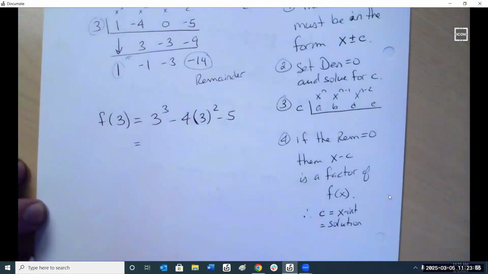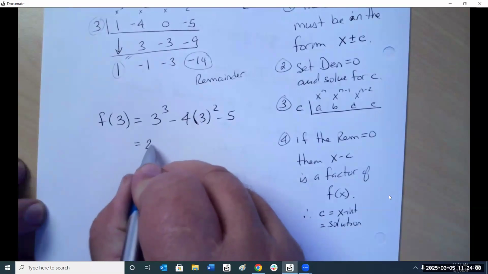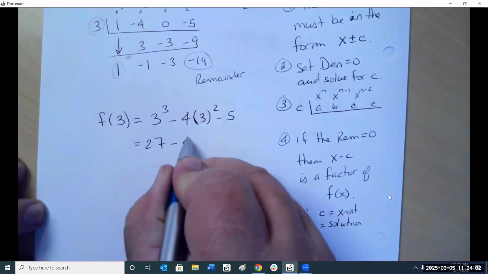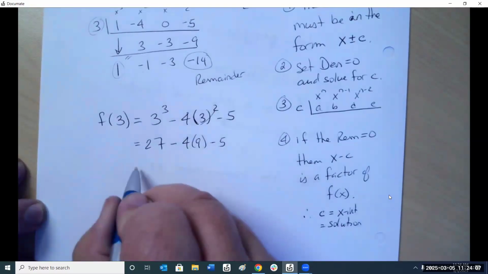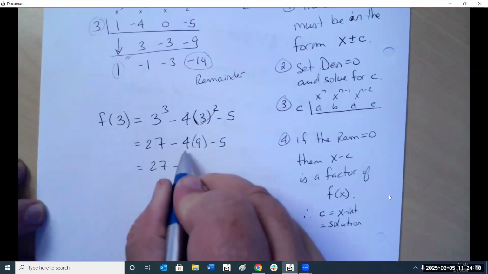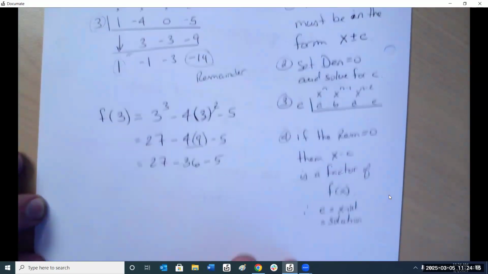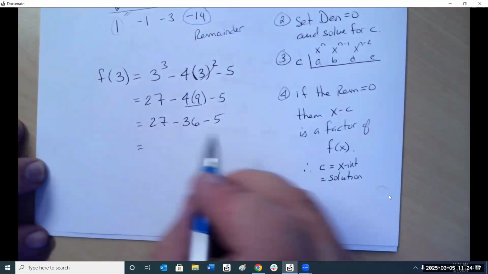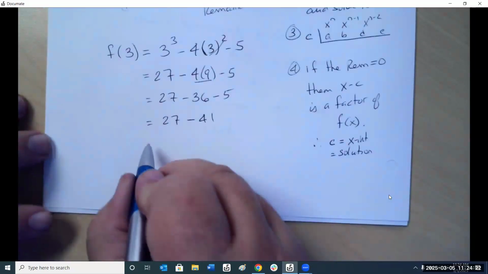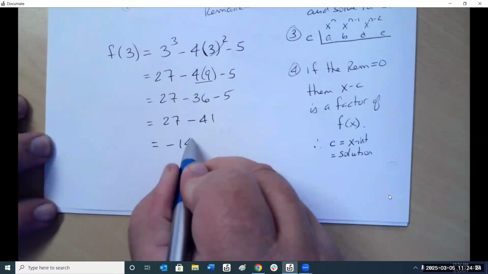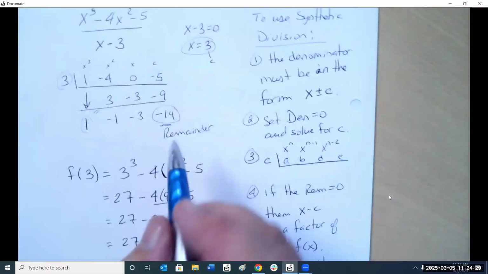What is 3 cubed? 27. 3 squared is 9, 9 times 4 is 36. 27 minus 36 minus 5 is -14. Lo and behold, guess what that equals? Have we seen that number before? Right there.